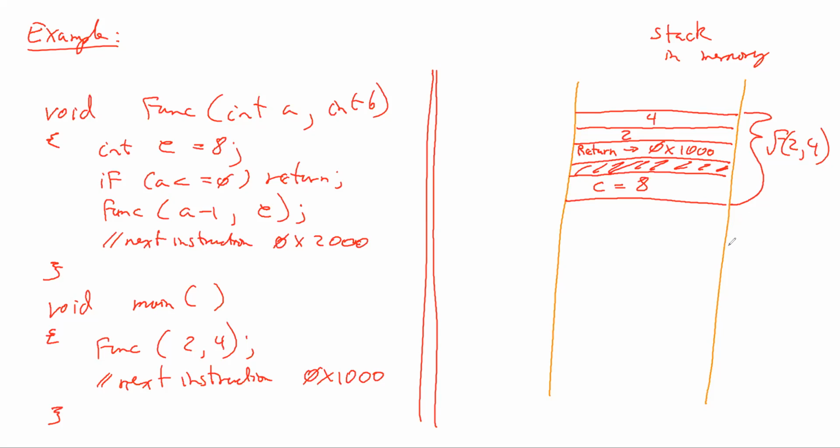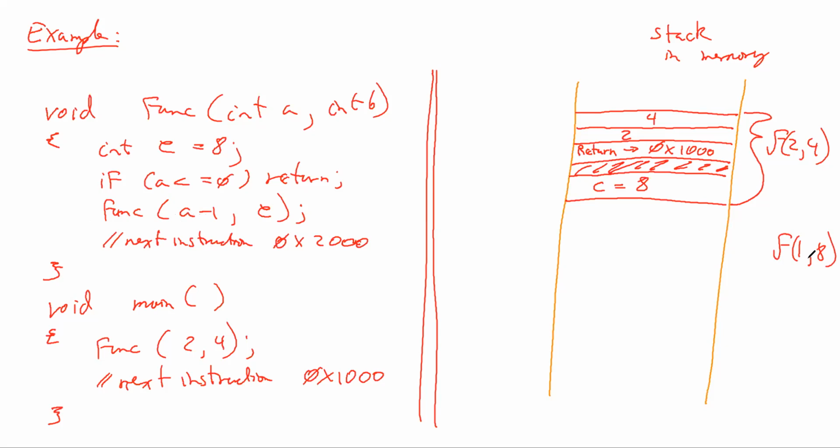Now this became function with A being 2, so 2 minus 1 is 1, and C is 8. So this becomes F18. I just made a call to a new instance of the function recursively.